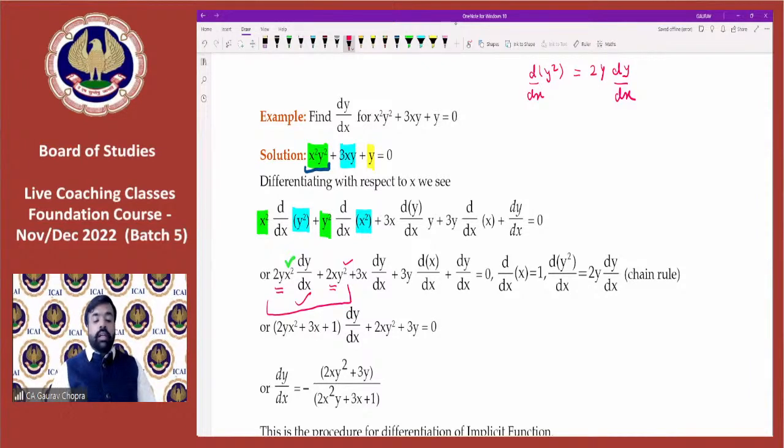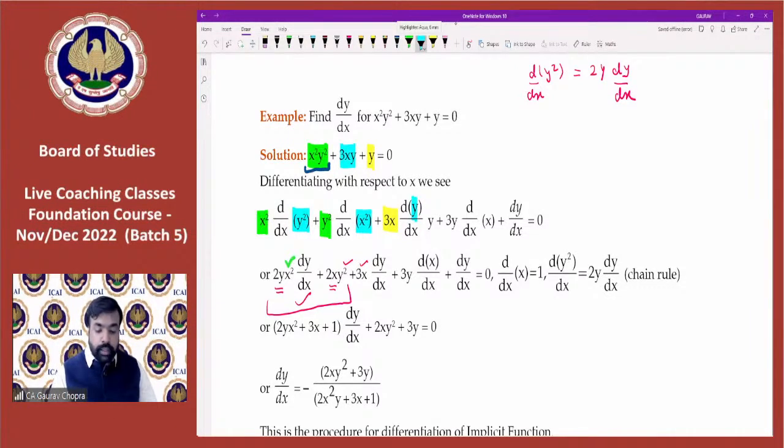Clear. Now the second one, 3xy. So 3x is the first function, y becomes the second function. So 3x remains as it is this time, we have to find derivative of y. Then second time, y will remain as it is, and then we have to find the derivative of 3x.